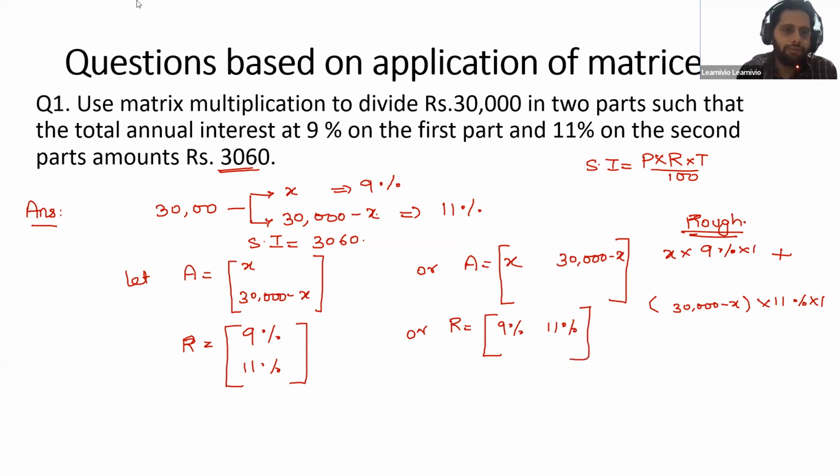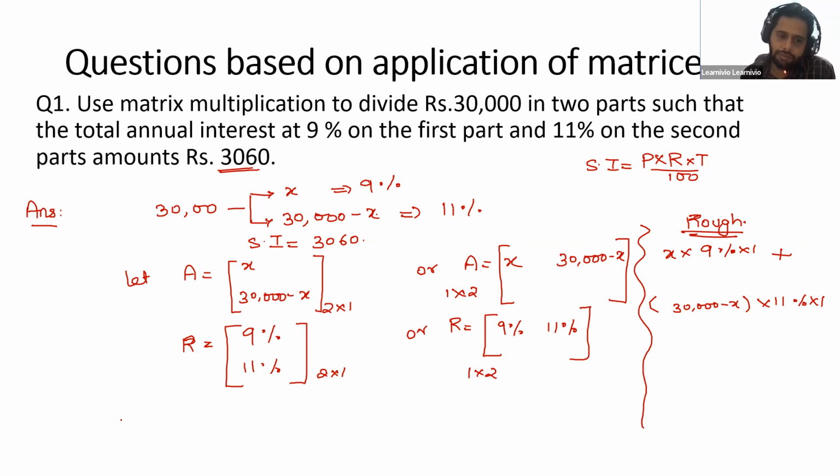Now we need to multiply these two matrices, and the final result we need is the addition of these two. So the order of this one is what? 2 rows and a single column. This is 1 row and 2 columns, and this is 2 rows into 1, and this is 1 row into 2. Now can anyone tell me which matrix in principal and in rate of interest we need to select, so that we will multiply them and equate that with 3060.